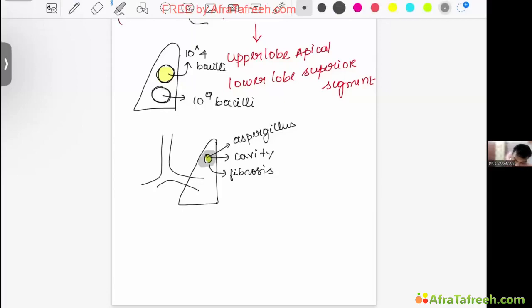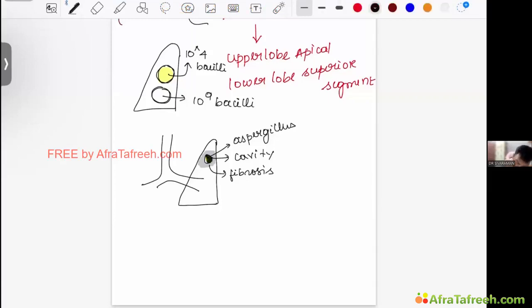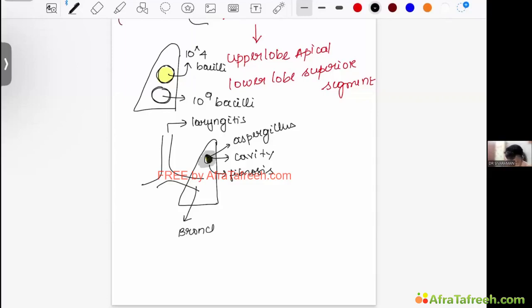I'm putting black here, as I already did. It can enter into the larynx as laryngitis. It can obstruct the airway and can result in bronchiectasis.